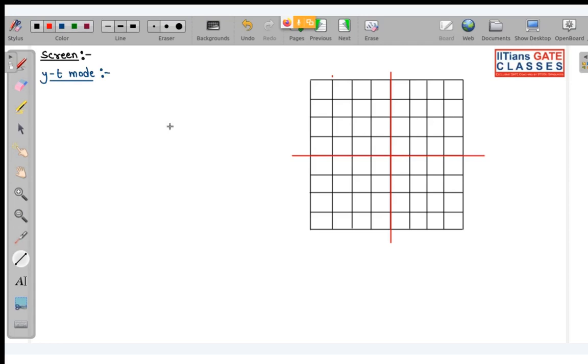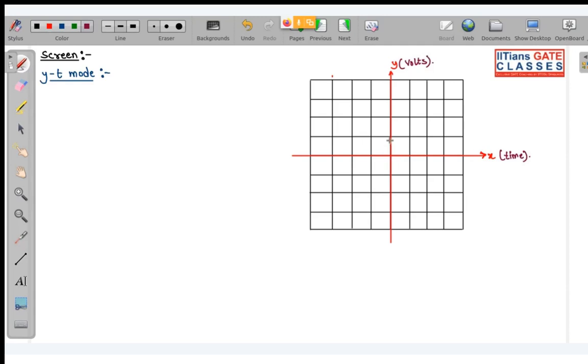Now when you are working in YT mode, this is your y axis, this is your x axis. The x axis is in time, and the y axis is in volts.